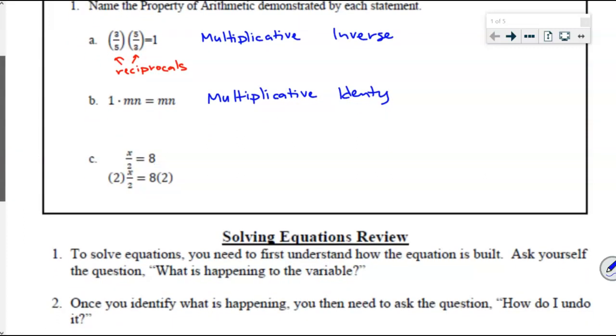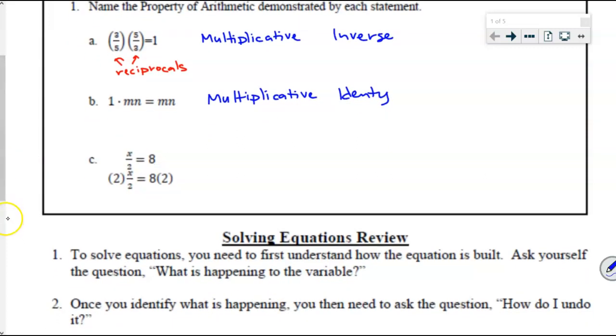C. This is one that I know for sure you were taught in previous years. The question is, do you remember it? Grant, you think you might know? Okay.